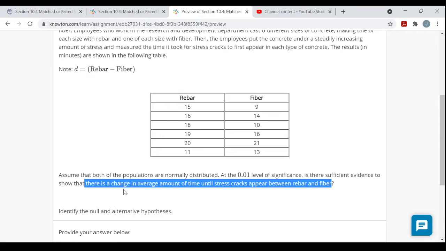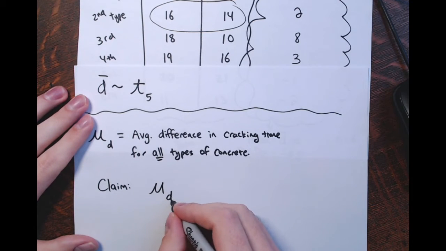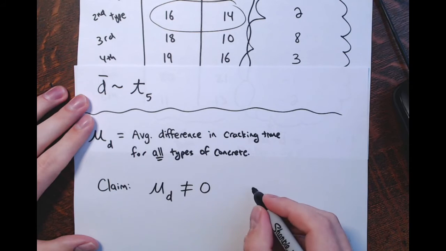Just saying that there is a change doesn't mean that one is greater than the other, or that rebar is greater than fiber, or rebar is less than fiber. It's just that there is a change. They're not the same, so that their difference isn't 0 on average. So the claim here is that mu d is not 0.